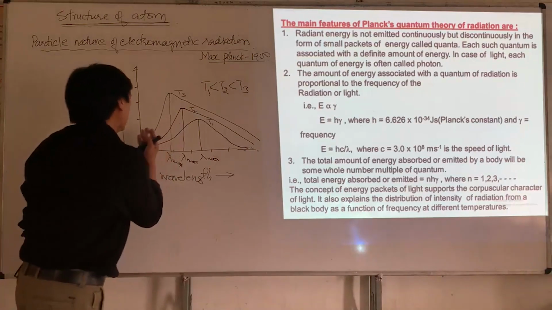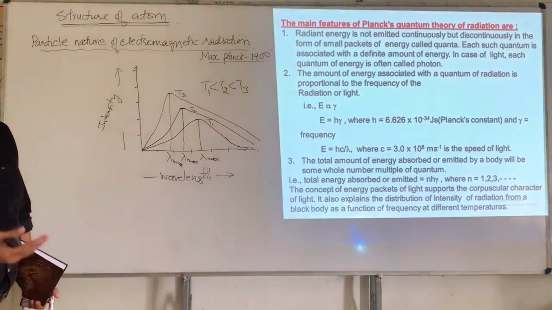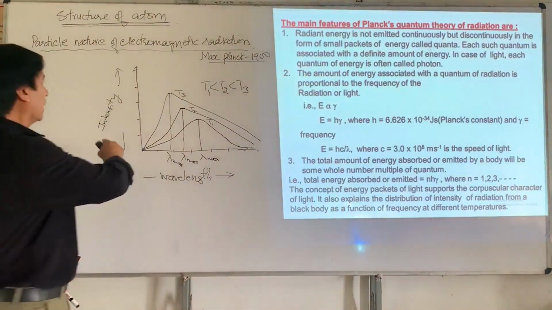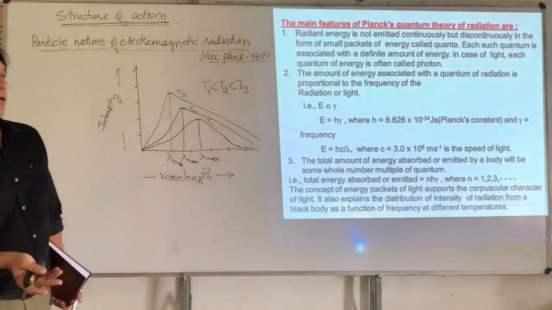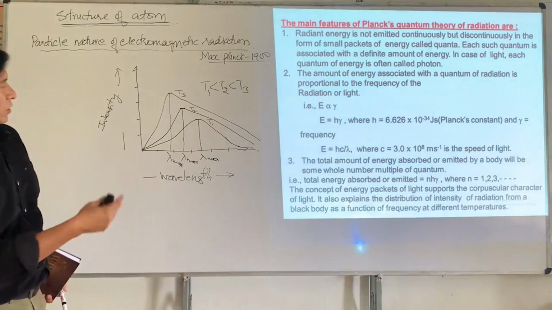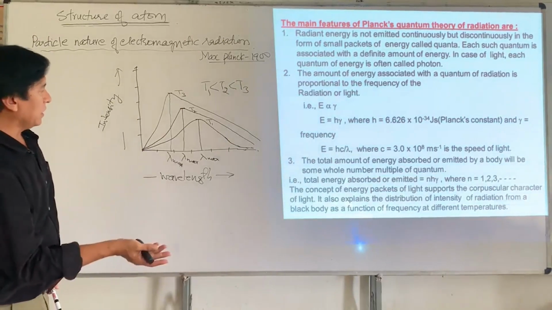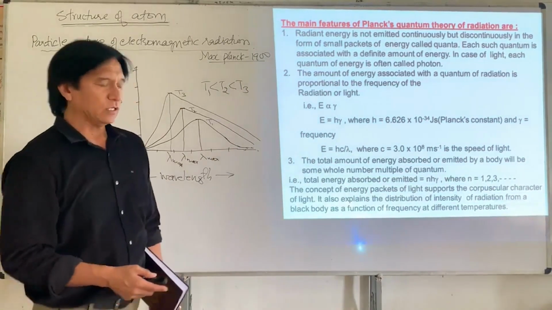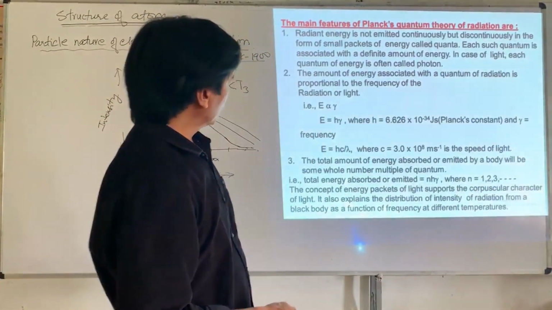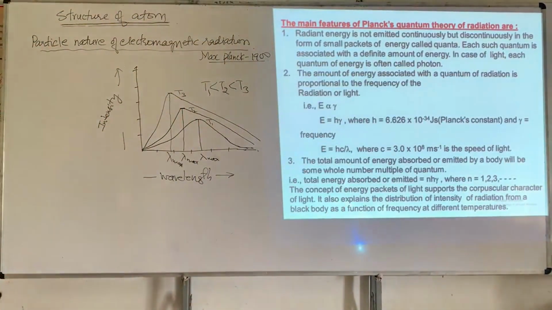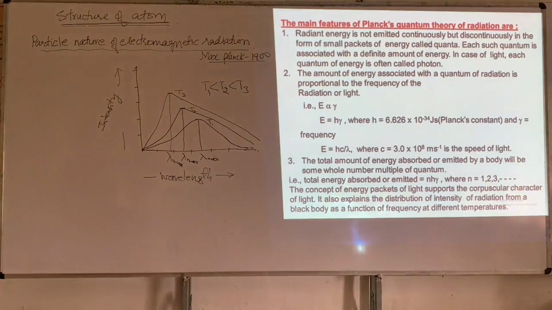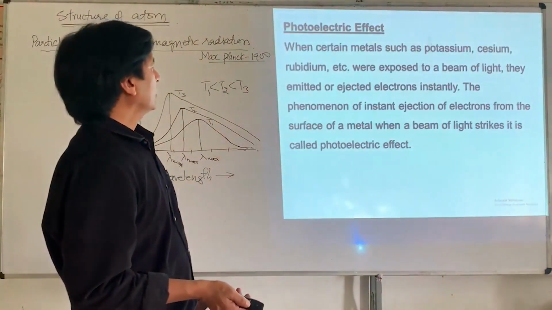So the intensity is going to be different at different temperatures. So the intensity is a function of frequency of the radiation emitted from a black body or a body at different temperatures. So these are the important points that you are supposed to understand with regard to the main features of Planck's quantum theory of radiation.